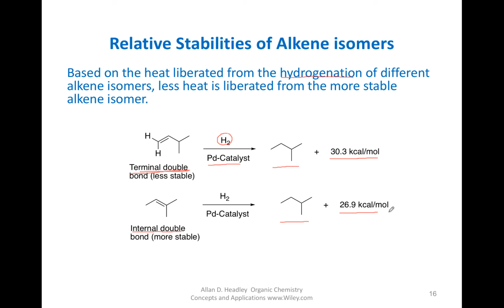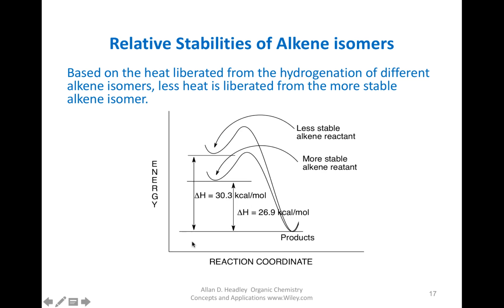So based on that, and the concept that we described in the previous slide, you should be able to tell which is more stable and which is less stable. You can tell that this terminal double bond is less stable, and the internal double bonded alkene is more stable.